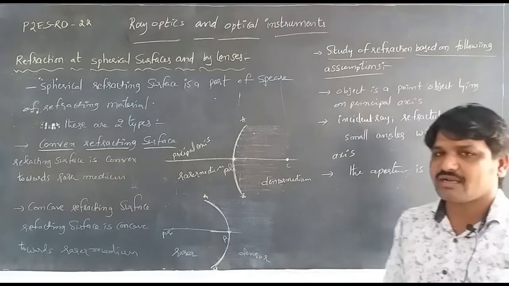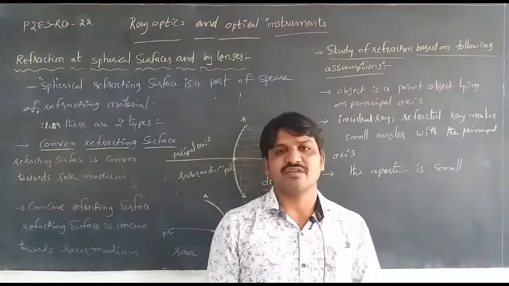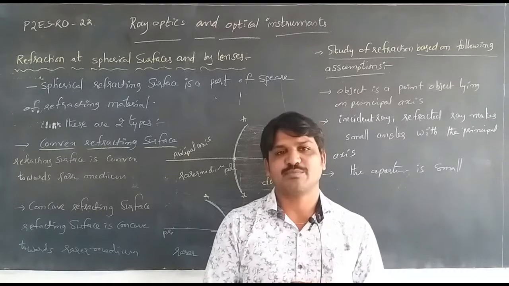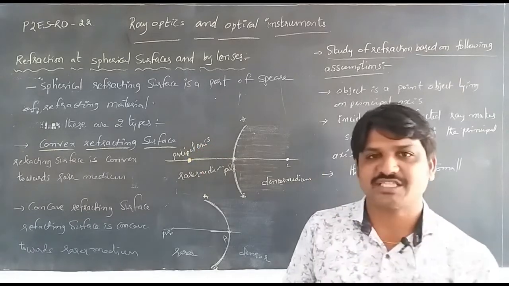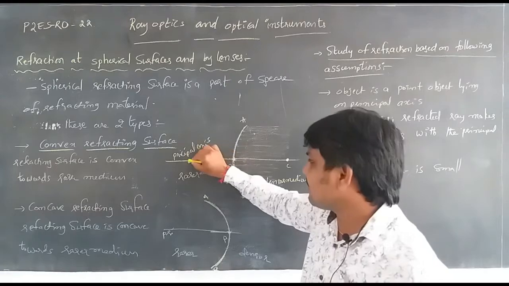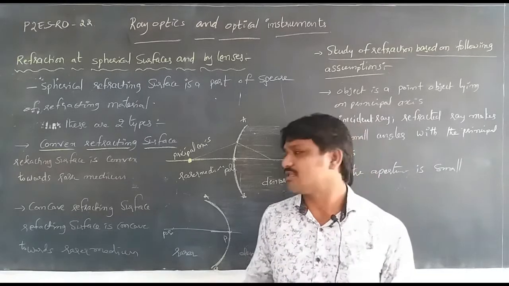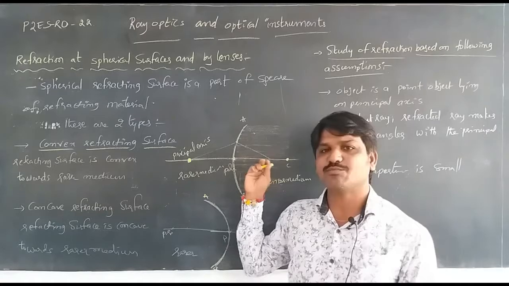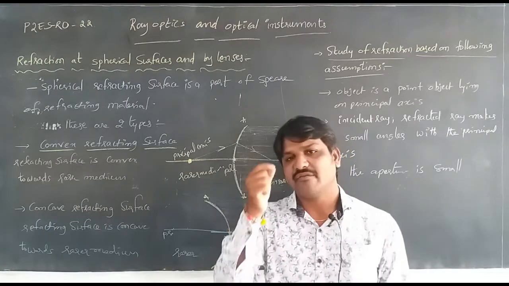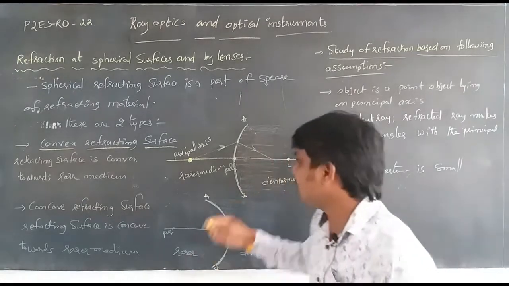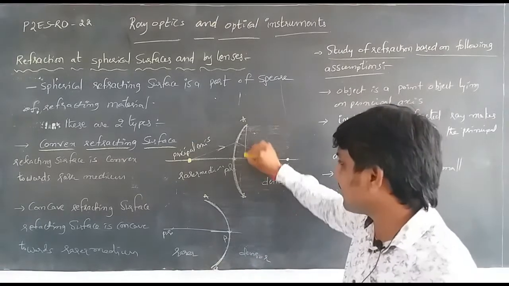When light from an object is incident on the lens or mirror, the object will be a point-sized object lying on the principal axis. This is the principal axis. Whenever the object lies on the principal axis, the incident ray and the refracted ray both make very small angles with the principal axis, and the refracting surface we are taking has a small aperture.